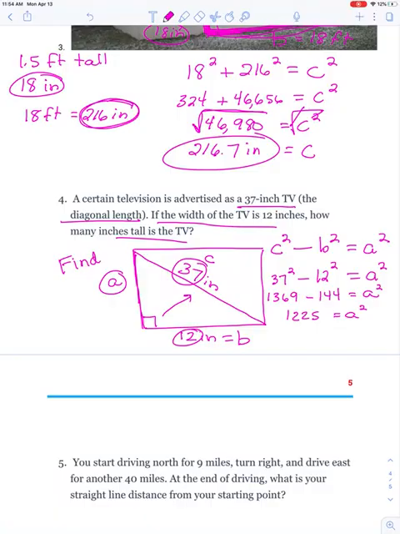And then we are going to square root. Inverse operation, square root. So I'm left with A. Square root of 1,225 is 35. So 35 inches. Okay, so draw a picture. Draw a picture so you know exactly what sides you have.